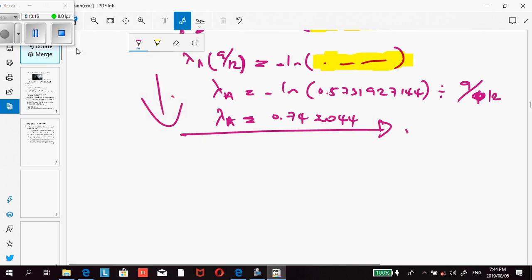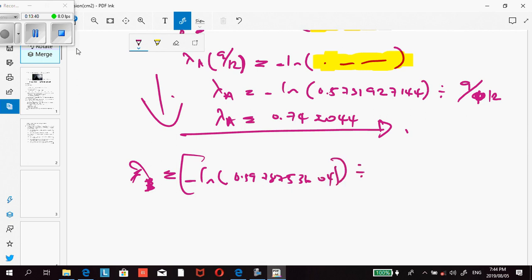And you're going to land up with a lambda B, which is the transition intensity for company B, equal to negative natural log of 0.5978753604, and I'm going to divide this by 9 over 12.